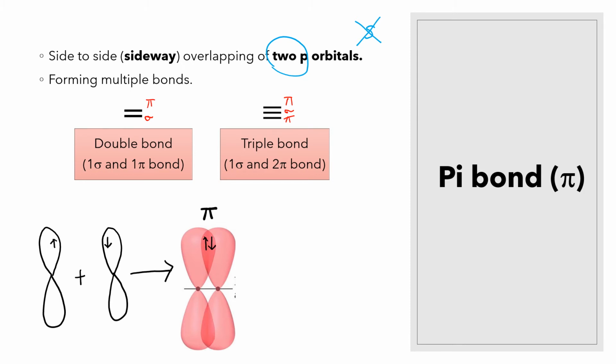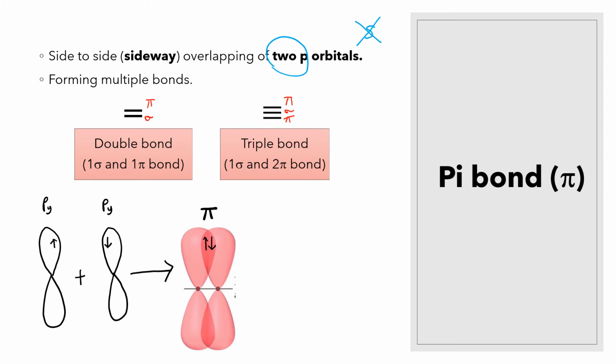Okay, dan kalau awak nampak dekat sini, the orientation of the p orbital seolah-olah dia berada pada kedudukan y. Okay, so bila py overlap dengan py, maka akan berlakulah side to side overlapping.